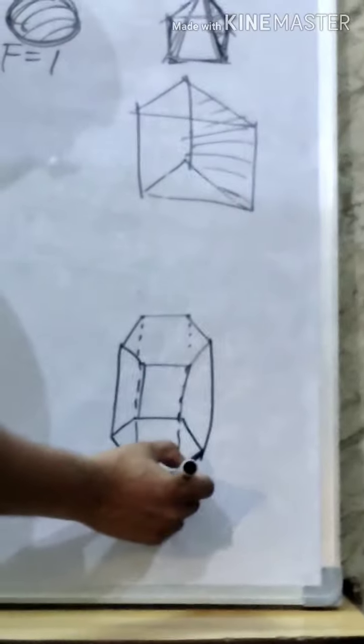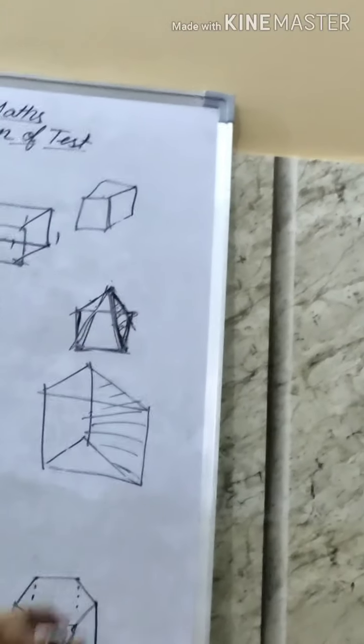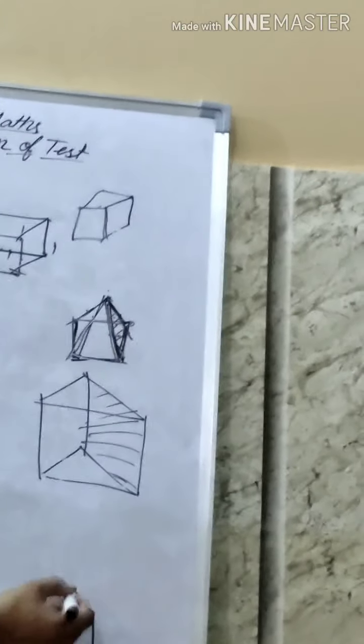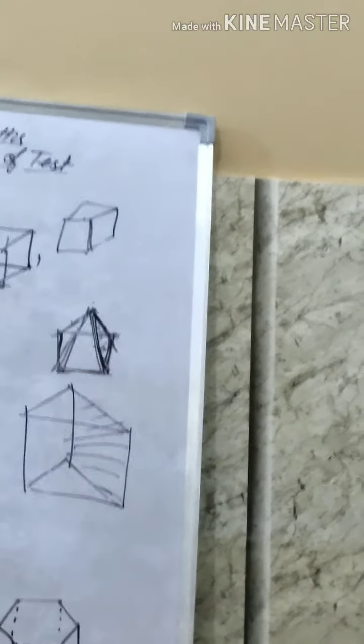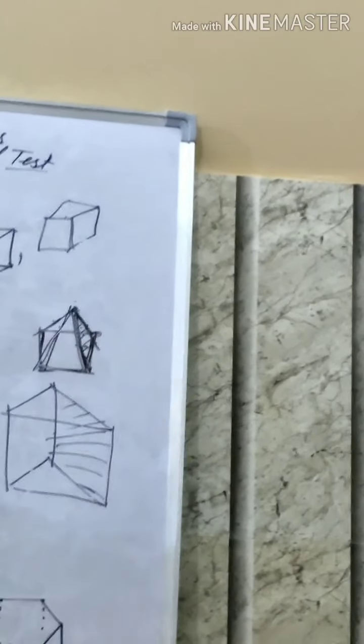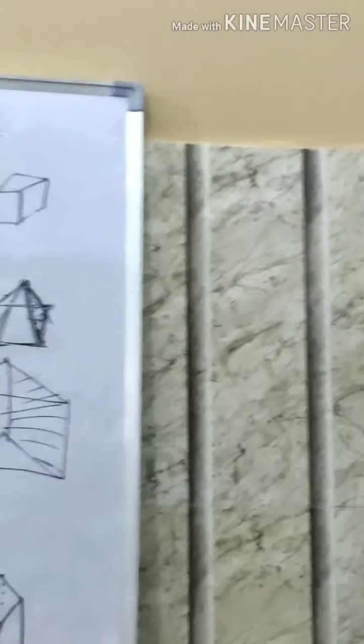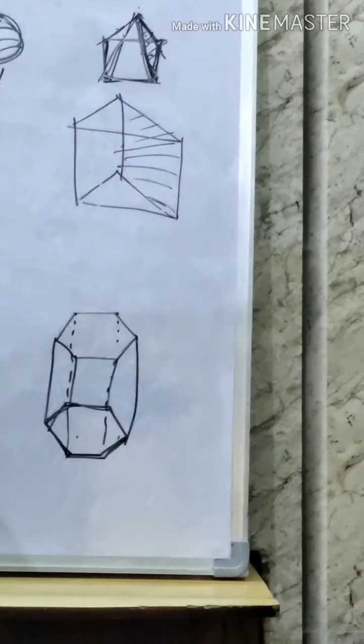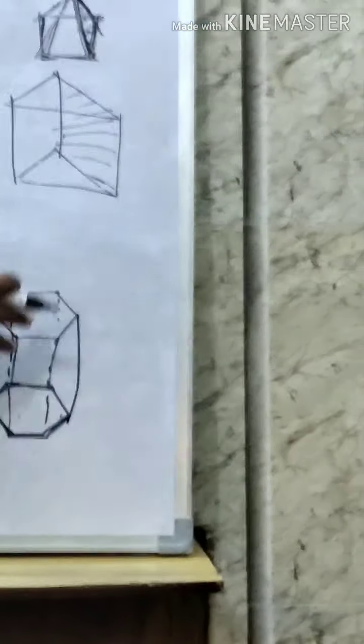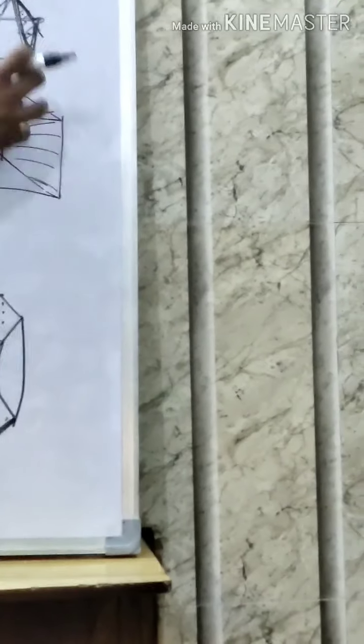So hexagon means you see the base hexagonal 1, 2, 3, 4, 5, 6. Base also hexagonal, top also hexagonal. In this way, you can see these are examples of prisms, where the base and top are the same.